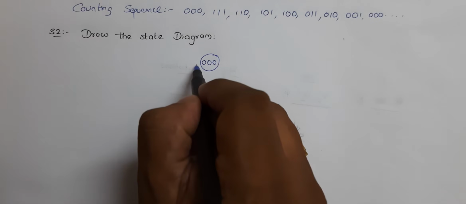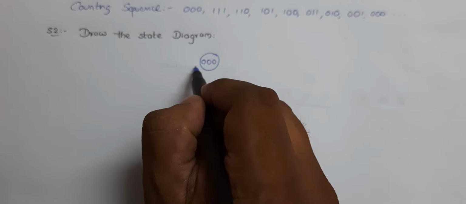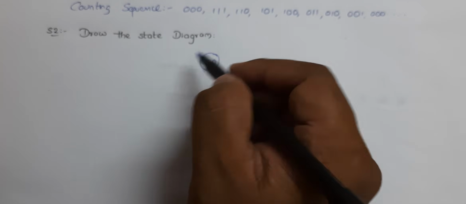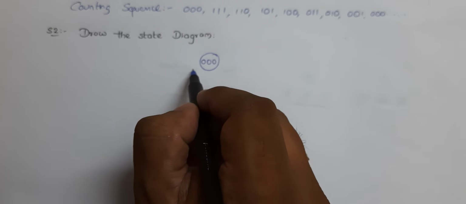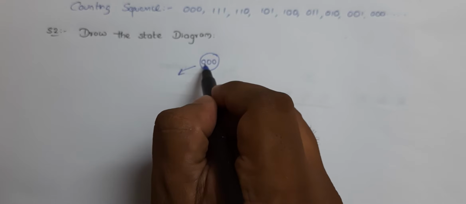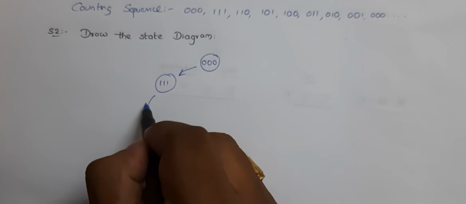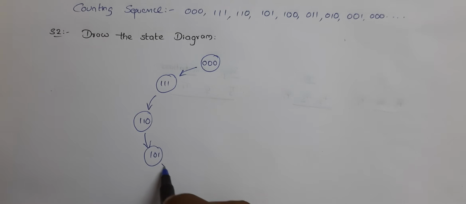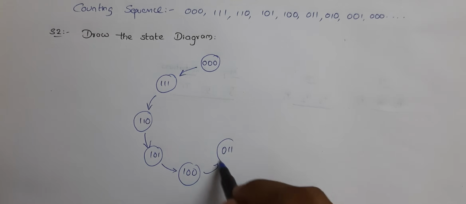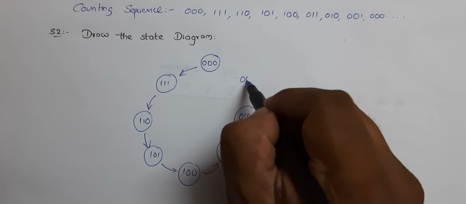Basically it is down counting. As we mentioned, this is a down counter, so the sequences are also in downwards states. Initially it starts with 0 0 0 and then the next state is 1 1 1 and then 1 1 0, and 1 0 1, and 1 0 0, and 0 1 1, and 0 1 0, and 0 0 1.